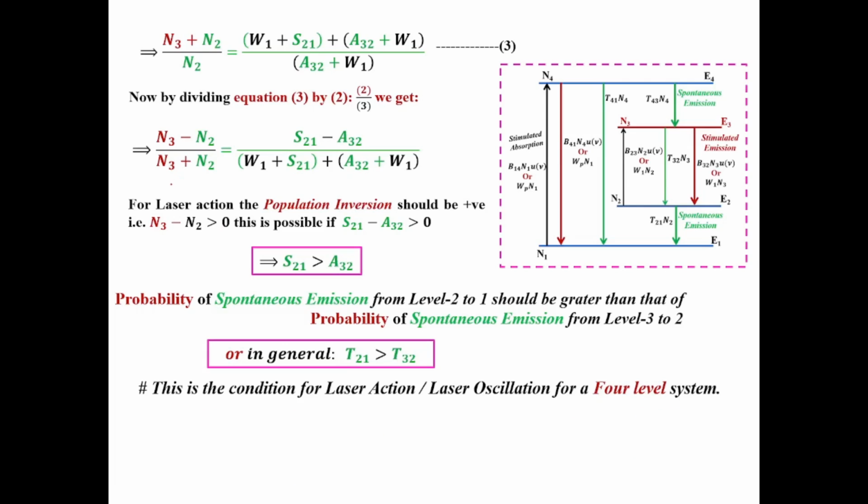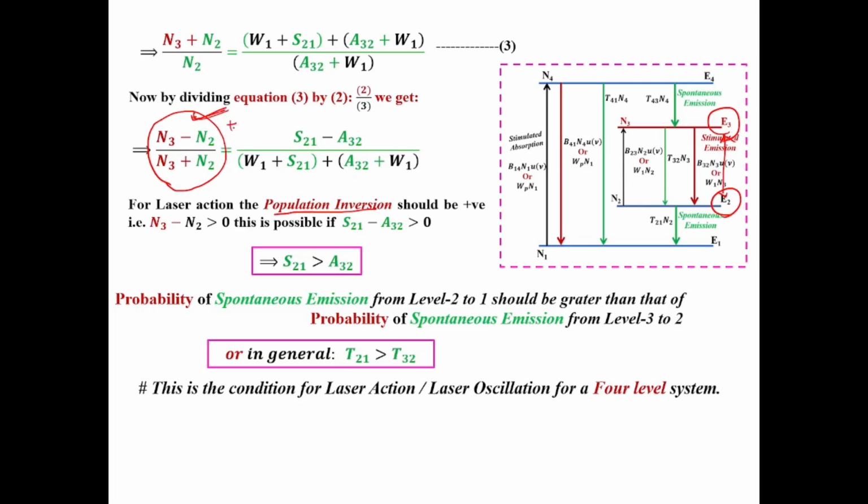So if this term is positive, we can say we got the population inversion, because laser action or laser oscillation we can get in between E3 and E2. So population inversion should be achieved between these two levels. This term represents the population inversion.